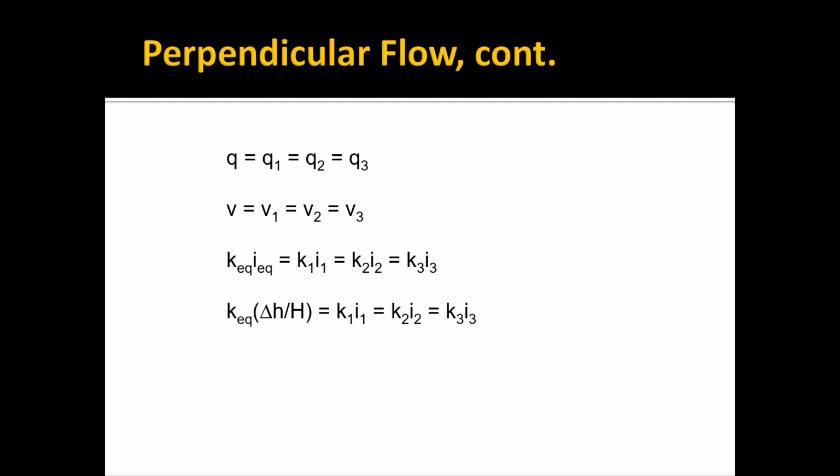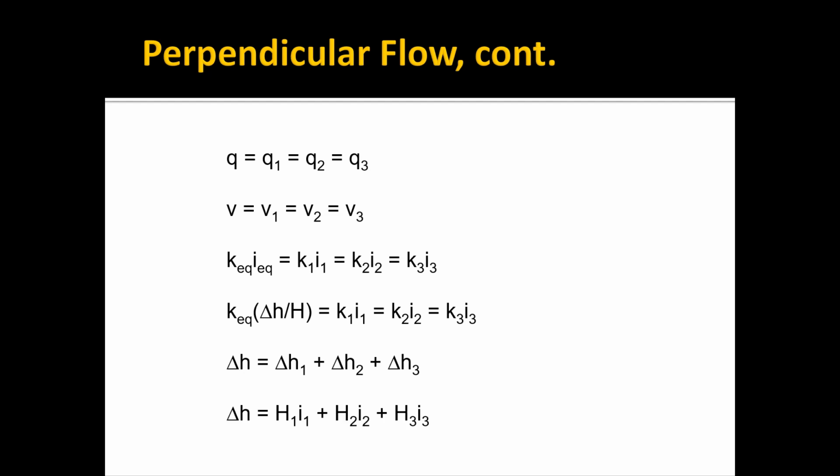And remember that the hydraulic gradient is equal to the change in head divided by the total thickness of the system. The change in head through the whole system would be the sum of the individual heads, delta H1, delta H2, delta H3.